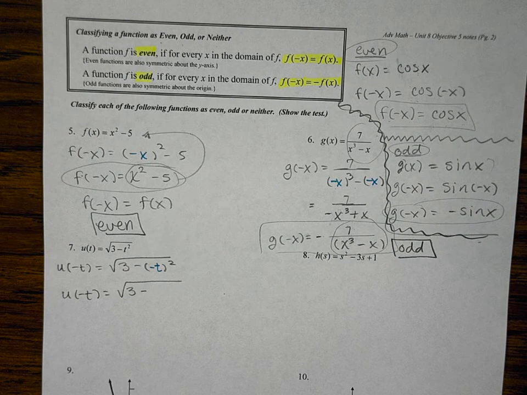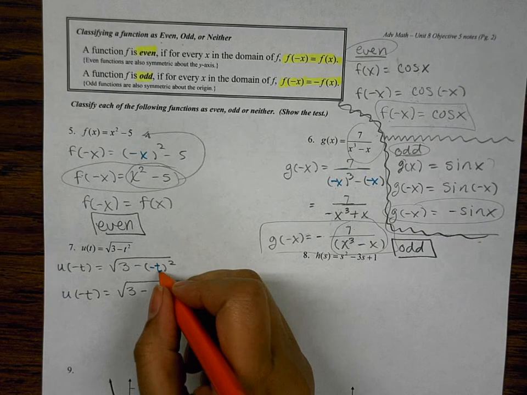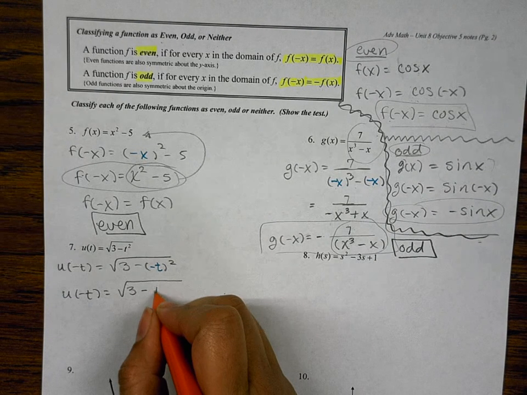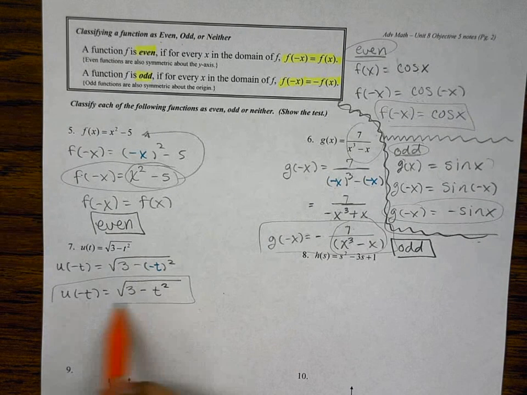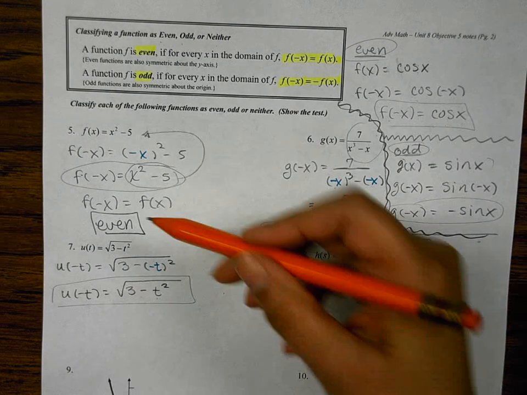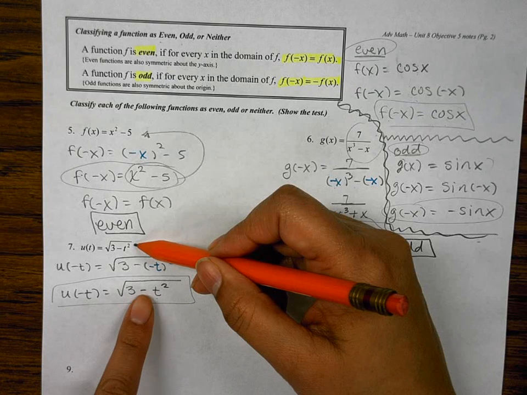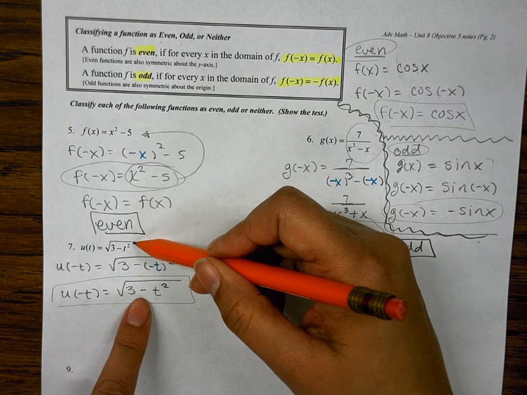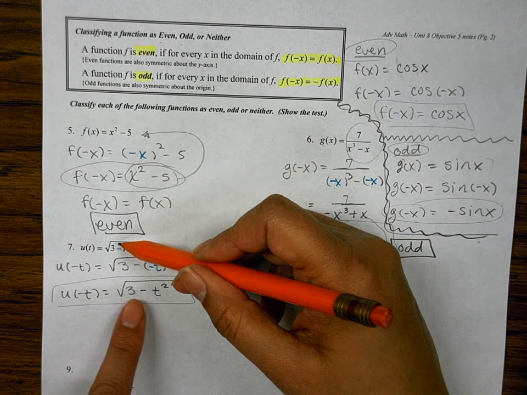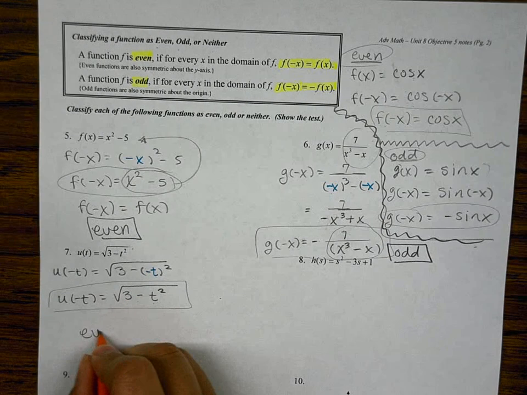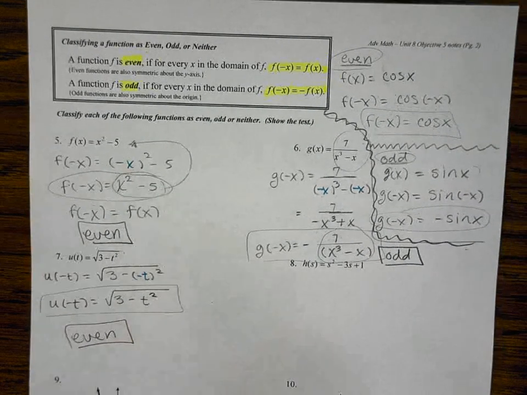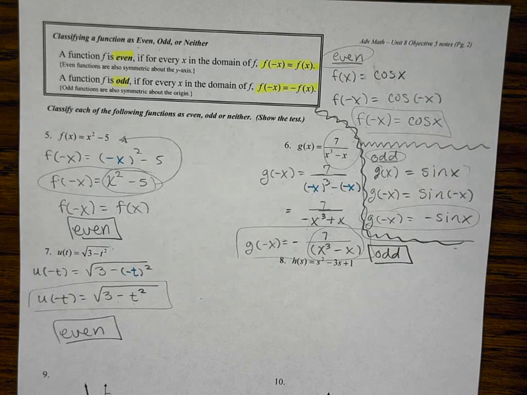I have to do order of operations, which means I do my exponents first. And negative t times negative t is positive t squared. So u of negative t gives me 3 minus t squared. Is it the same as the original or the opposite of the original? 3 minus t squared. There's no opposite sign out here, so it is the same. We'd call that even.